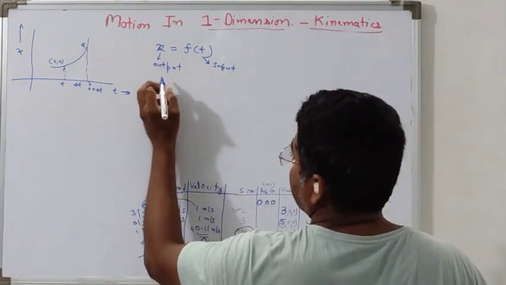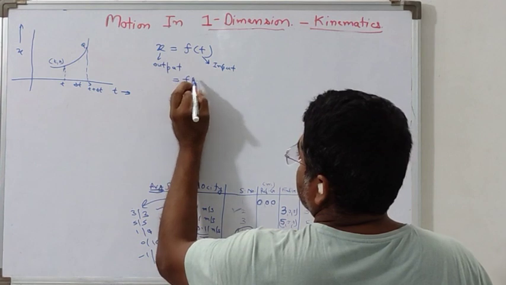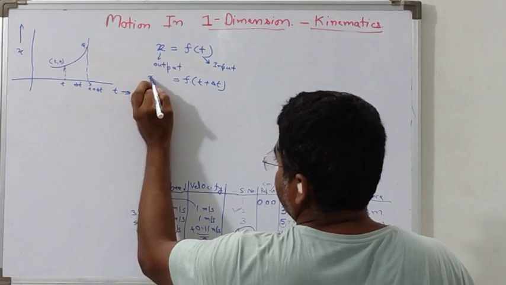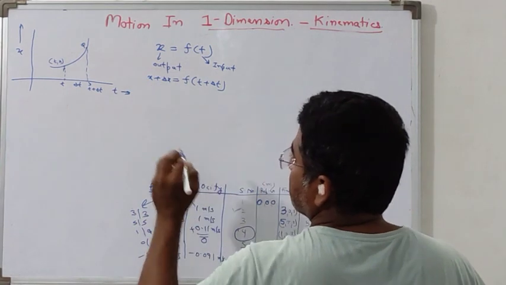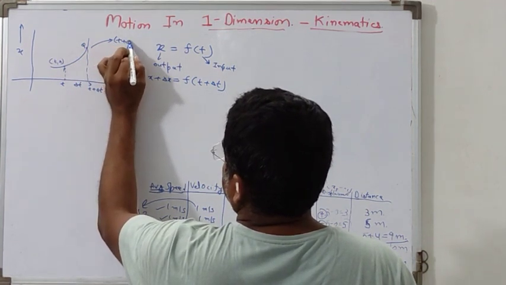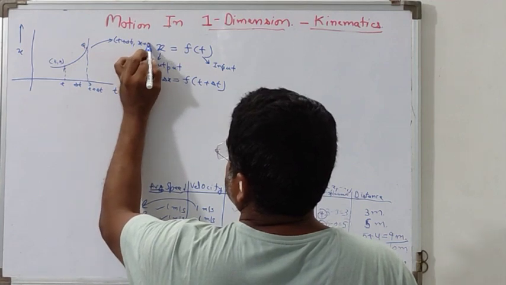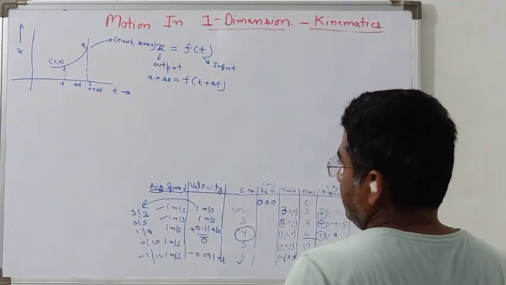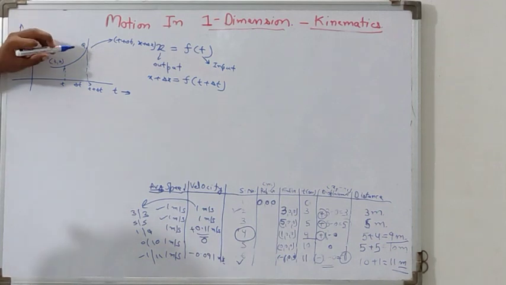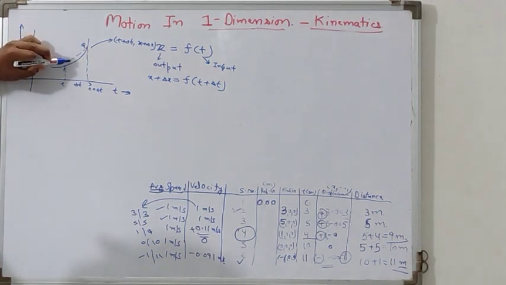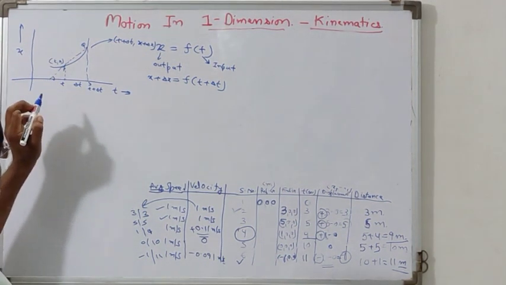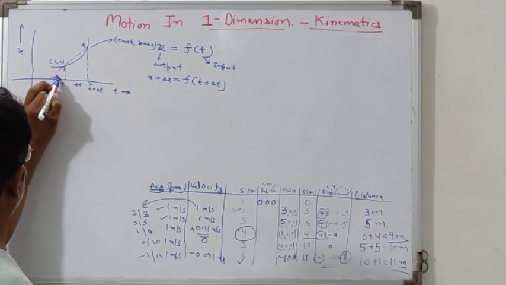So according to our function definition, f(t plus delta t) will give the output x plus delta x. So here the coordinates will be (t plus delta t, x plus delta x). If we join these 2 points P and Q, it will touch the t axis and make an angle theta.